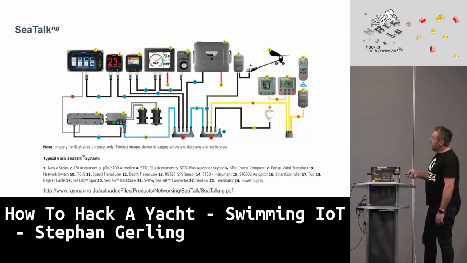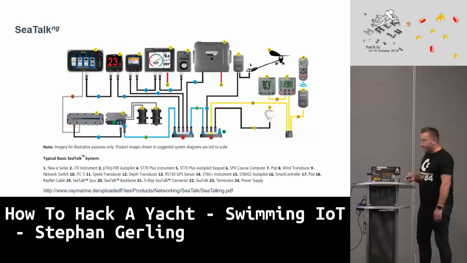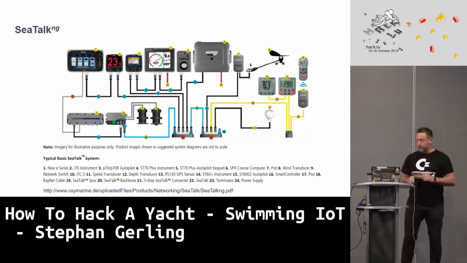The yellow parts are already the stuff for the autopilot system. All these things are for the autopilot. Also here some display units, and a remote control unit with some kind of Wi-Fi or whatever. Then here we have other things, engine controls and so on. So everything is connected.